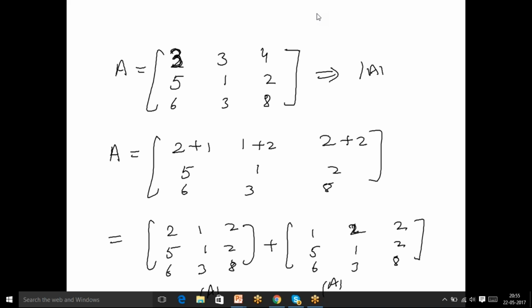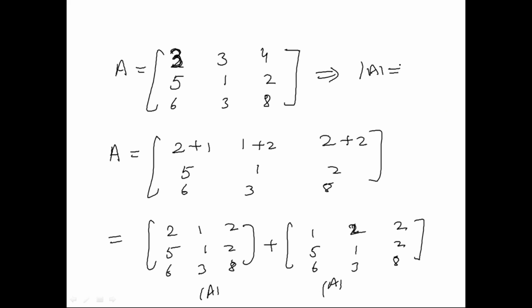Minus 42. Okay, and what are the values for the small ones? We are getting minus 42 as the bigger one. And what is the value for this one?